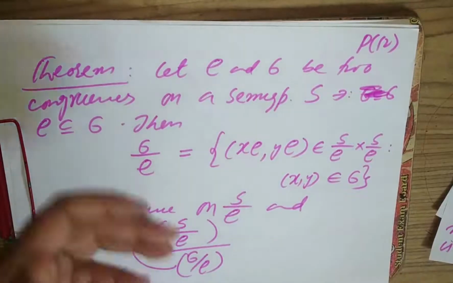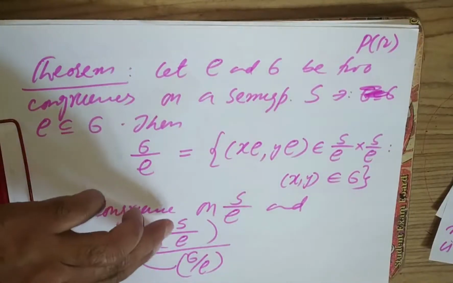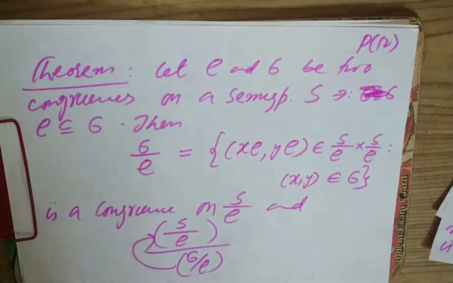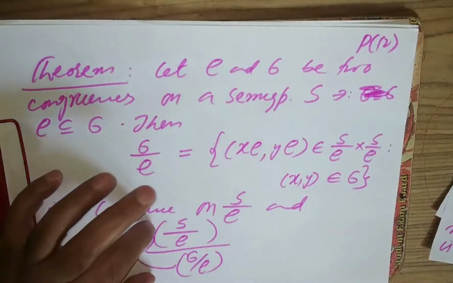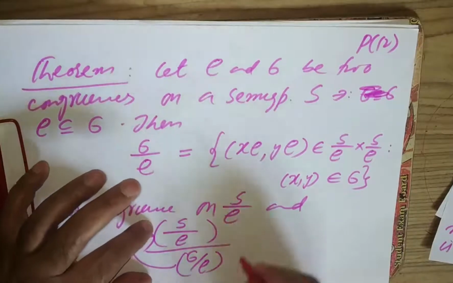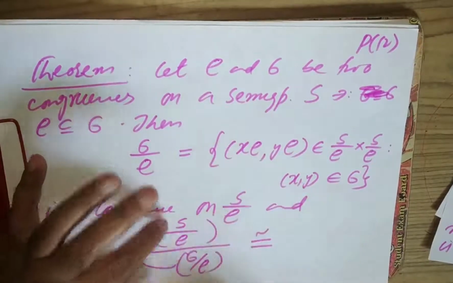So I can factor the semigroup S over rho by sigma over rho, because sigma over rho is a congruence. And this quotient now is isomorphic to S over sigma.